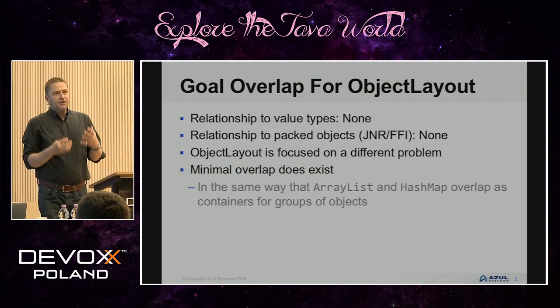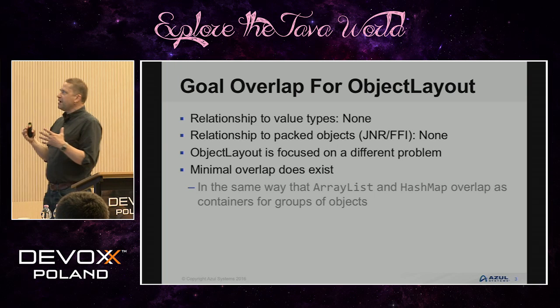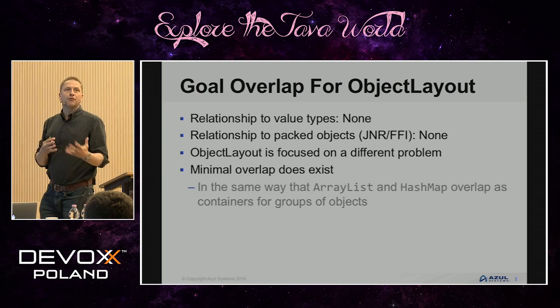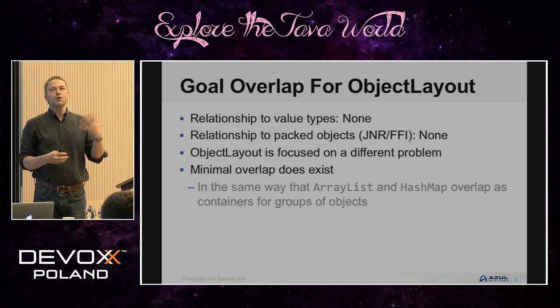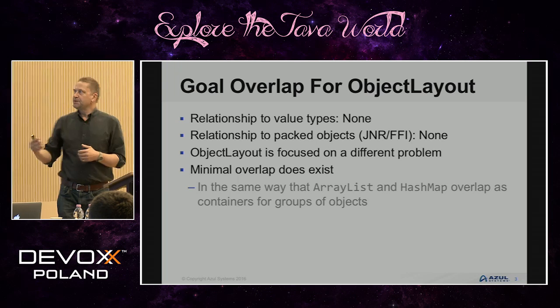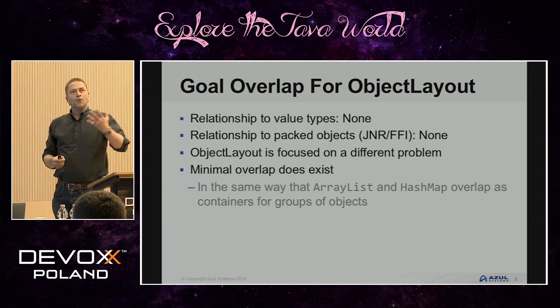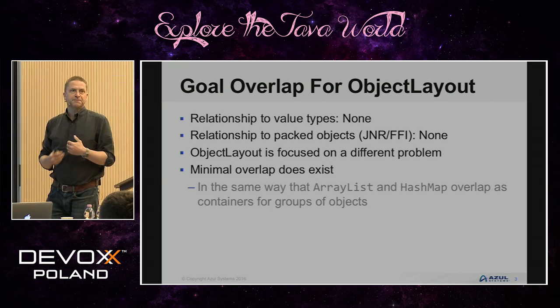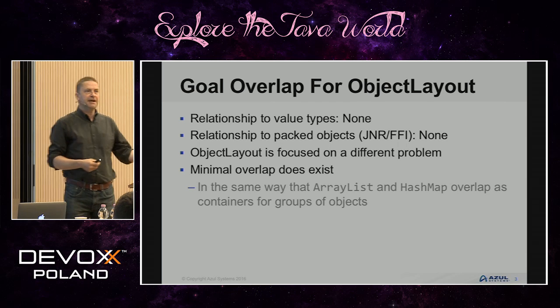Now, if we look at the goals of this project, there is some relationship with other projects, and people often ask about this when I talk about this type of thing. And the relationship is to various other things. So value types is something that has been proposed for JDK 10.